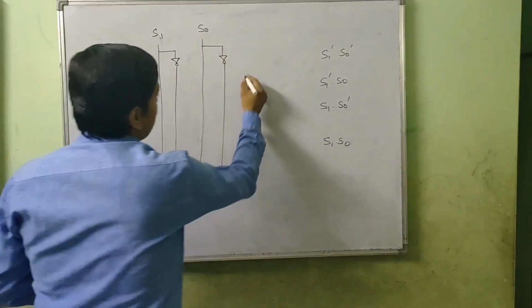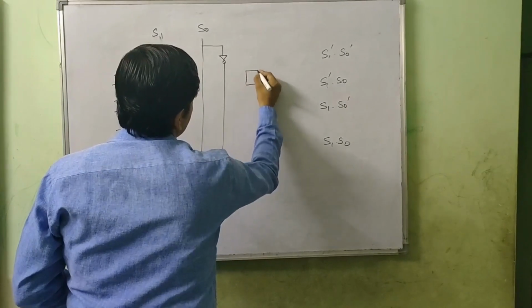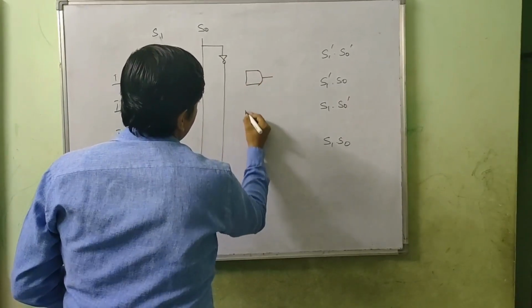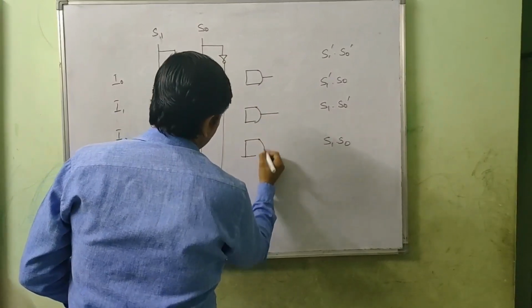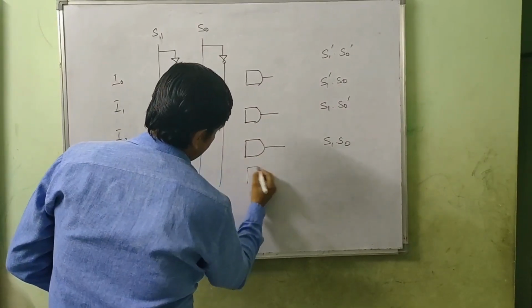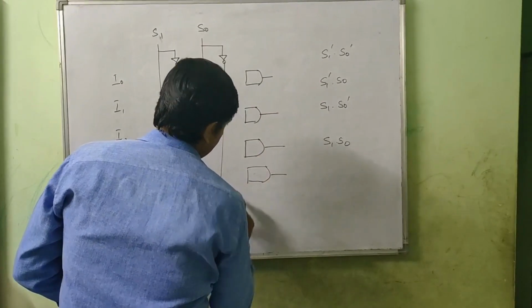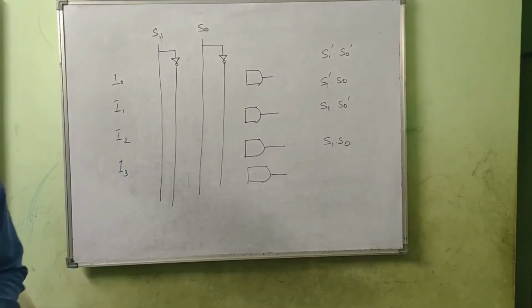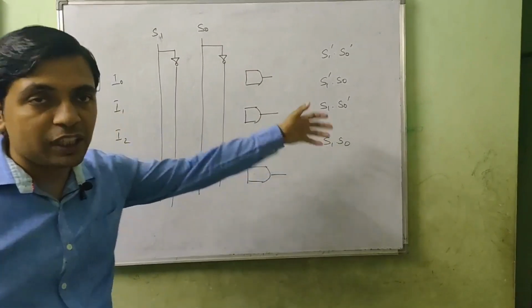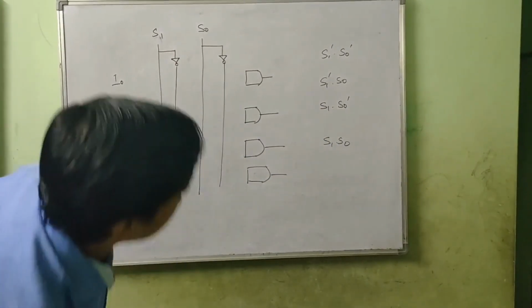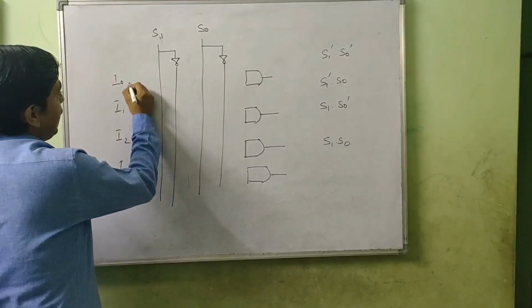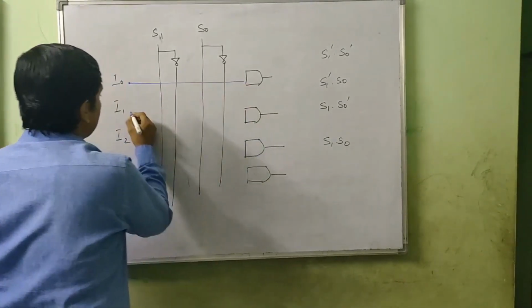Right, and there will definitely be one AND gate for each output. But there will be only one output, so all these outputs will actually be combined together. That I will talk about later. So see, in every AND gate, these input lines are connected.